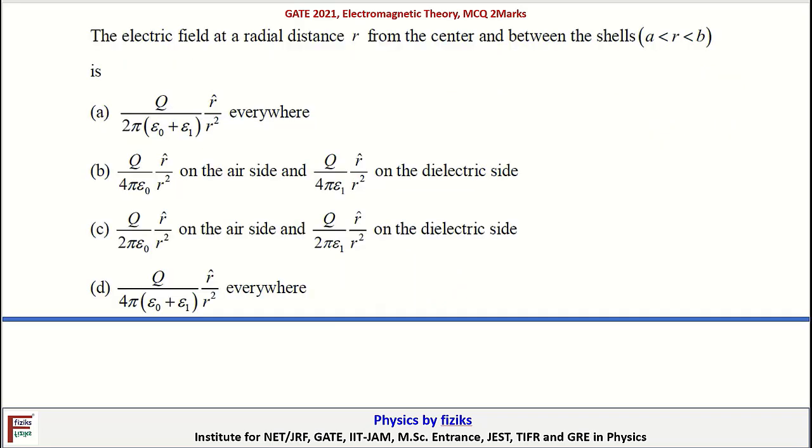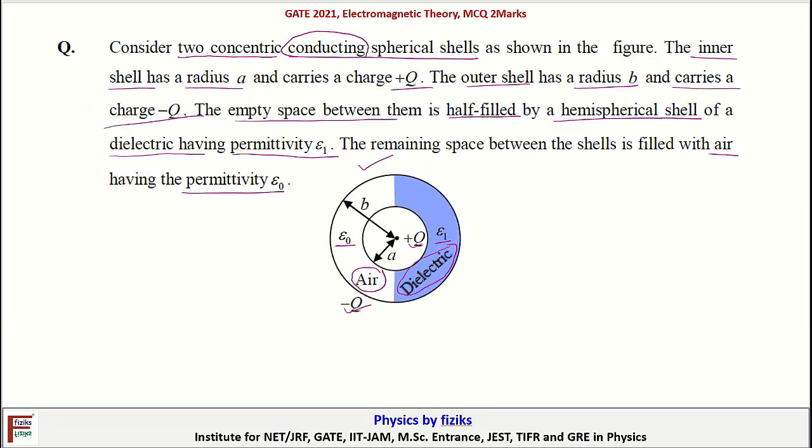So in this question we have to find the electric field at a radial distance r from the center between the shells, that is r lies between A and B. So these four options are given and we have to verify the correct one. Now see, in this case, these are conductors. So charge plus Q will distribute uniformly over the inner shell.